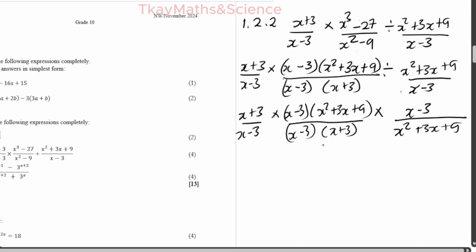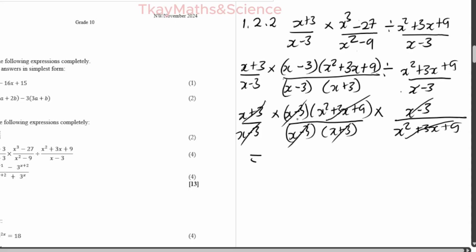All right, so now we see we have some common terms here which can cancel out, like this one will cancel out with this one, and also this one with this one, and also this one with this one, and also this one with this one. So what do we have remaining?